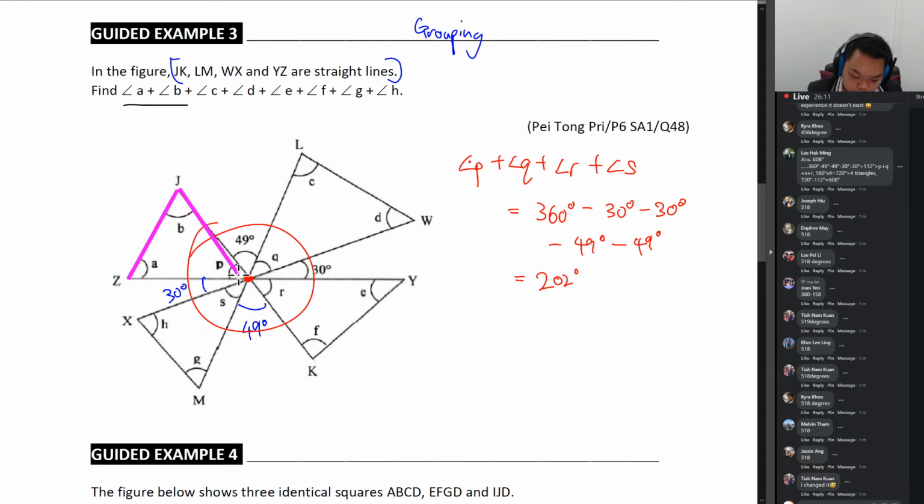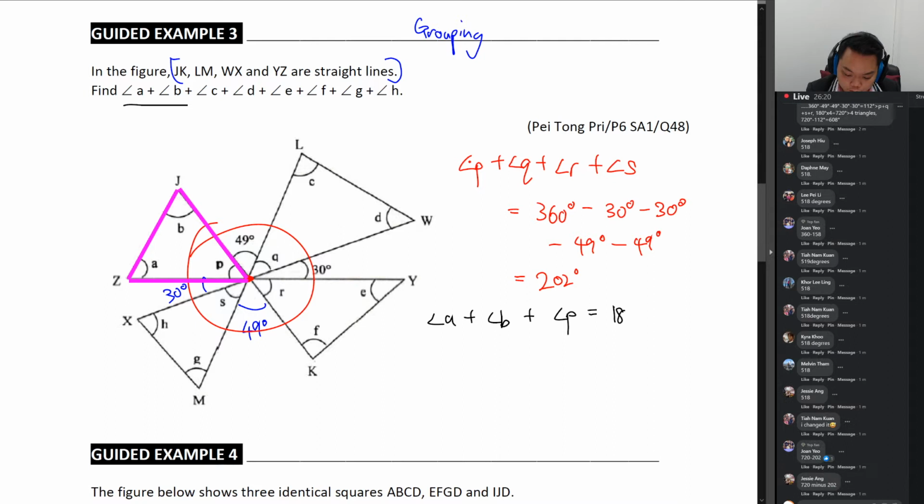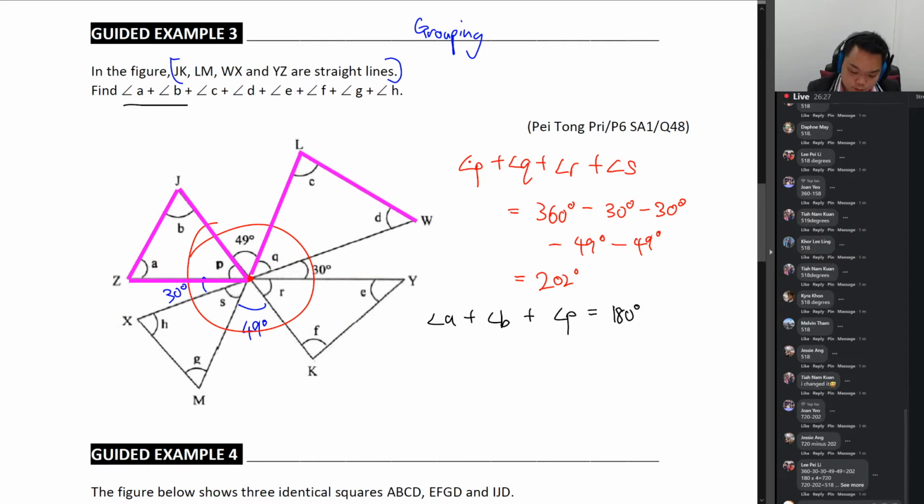In this triangle, angle A plus angle B plus angle P will give you 180 degrees. And in this triangle, angle C plus angle D plus angle Q gives you 180 degrees.